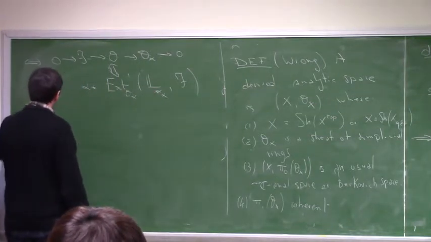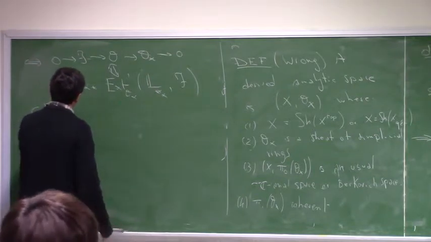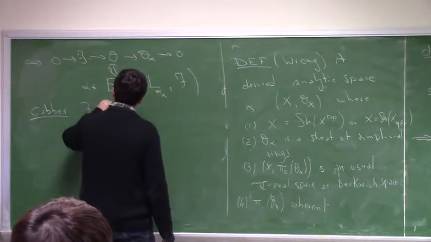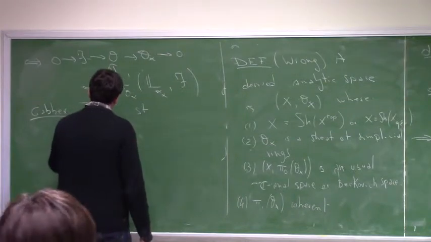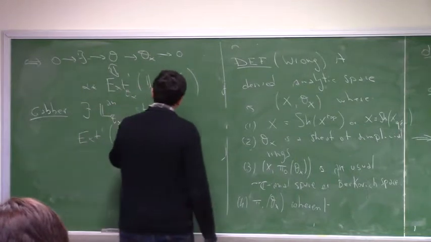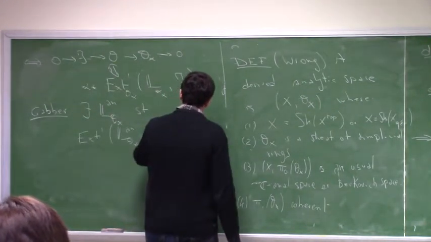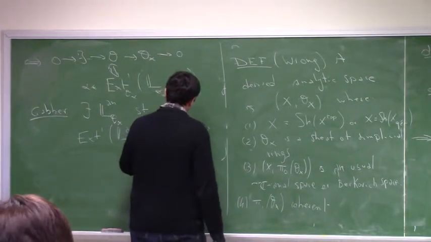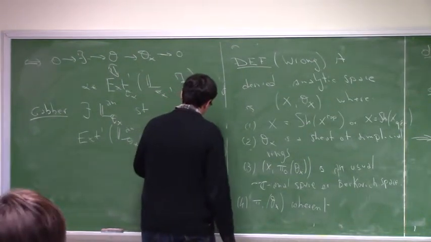So Gabber, there exists an analytic cotangent complex such that Ext^1 of L_X analytic with coefficients in F classifies analytic square zero extensions.